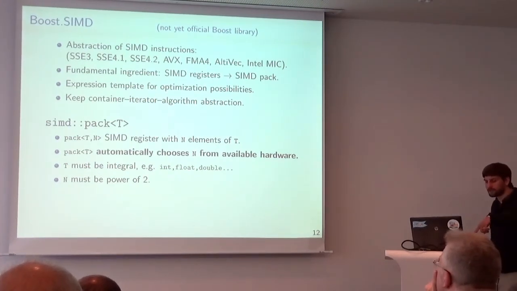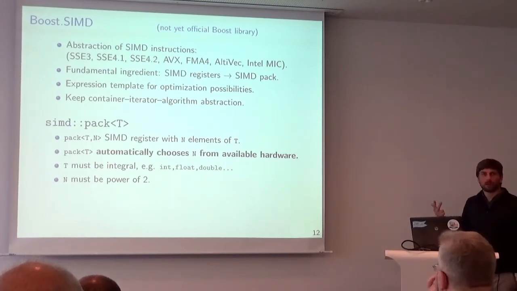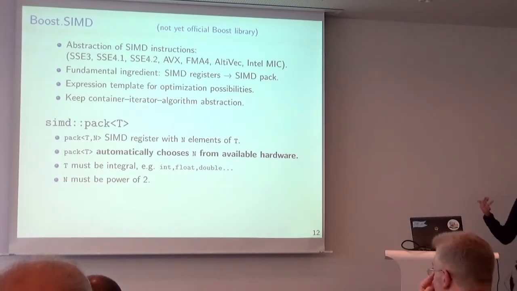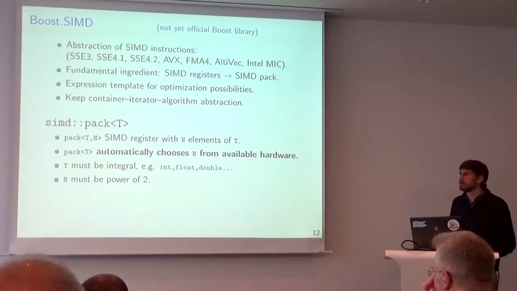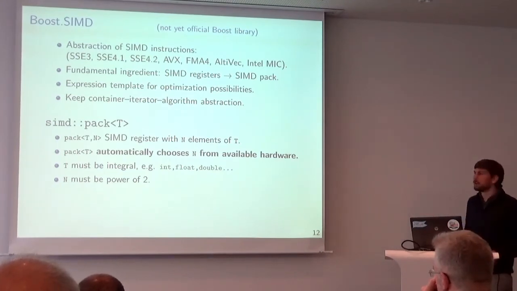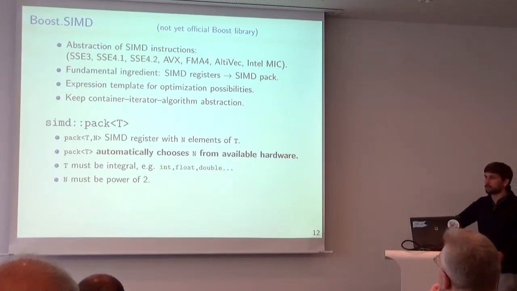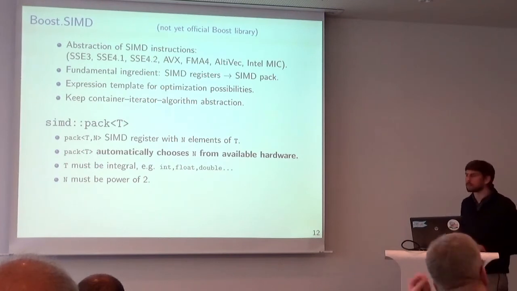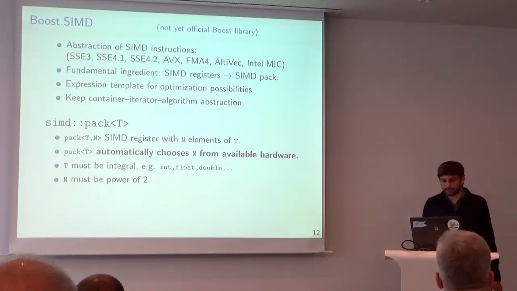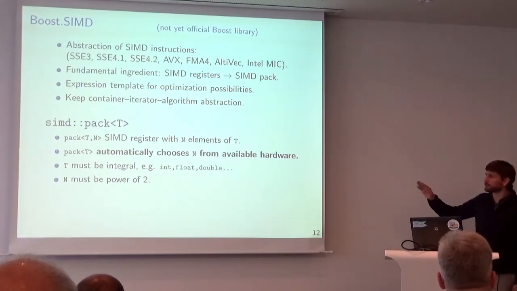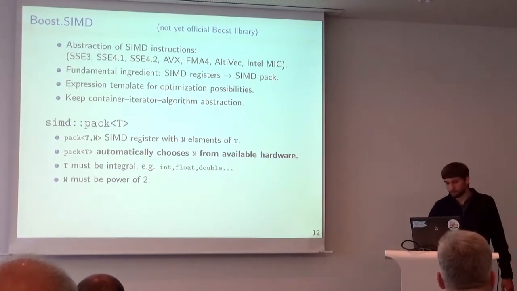If I'm compiling for this machine, it would be 4. For example, it can fit 4 doubles or 4 integers. If I'm compiling for an older CPU, it can only fit 2. I don't have to worry about this. This is done by the library. It figures out what the target platform is and uses the right size of the SIMD instructions. It has to be a power of 2, but again, you don't really have to worry about this.